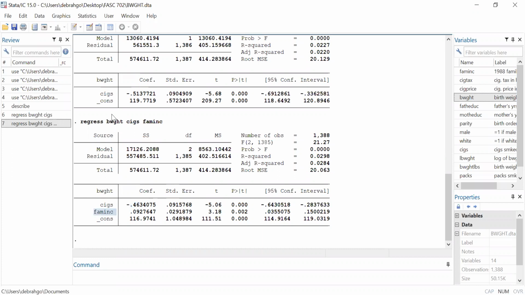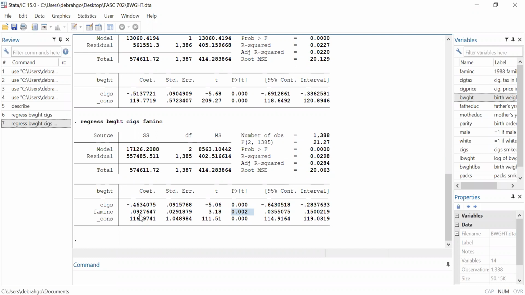Don't just include your main variable. You may not get a consistent result. Over here, a p-value of 0 means cigarette is significant. Family income is also statistically significant. If family income were to increase by, let's say, $1, then the birth weight will increase by 0.09 pounds, something like that.